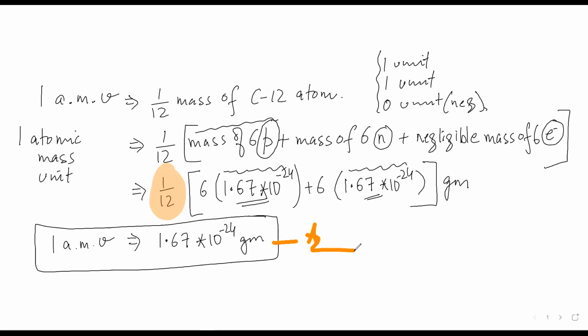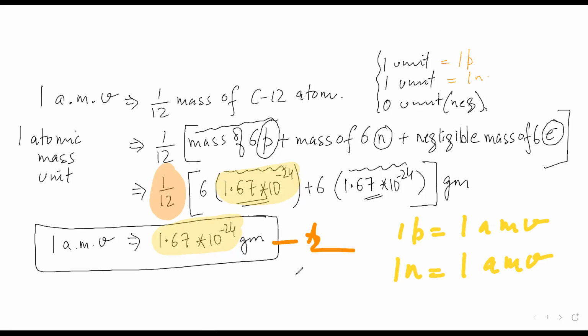And that is why the things will now start making sense to you. Why did we take the mass of proton as 1 unit and the mass of neutron as 1 unit? Because if you compare this figure with this figure, you'll understand that yes, the mass of one proton is 1 AMU. This is approximate, and the mass of one neutron is 1 AMU.